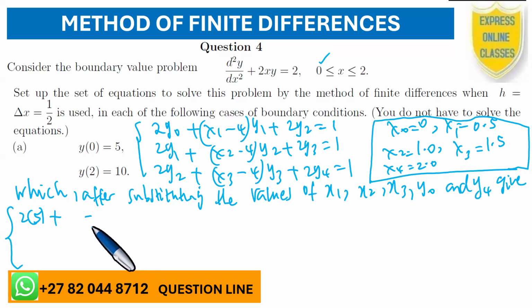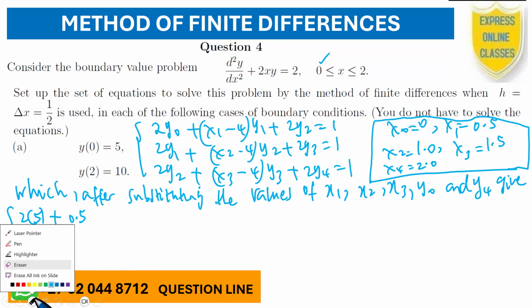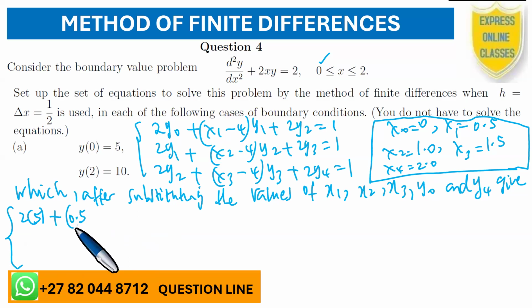So what is x1? Minus 4. What is y1? y1, we don't know it. y2, we also don't know it.